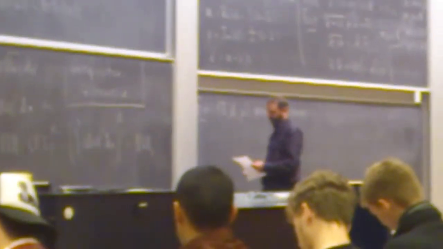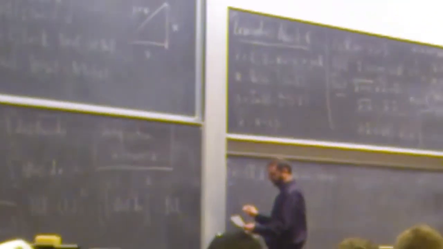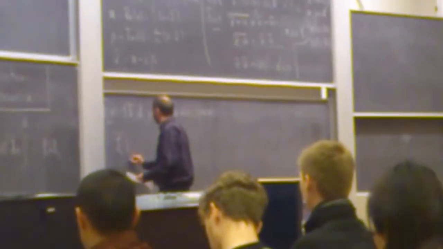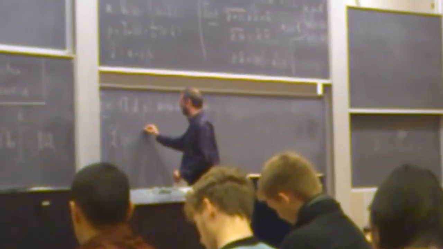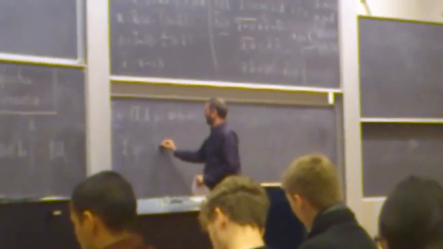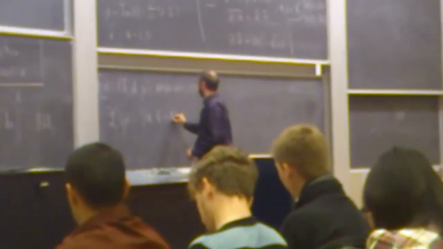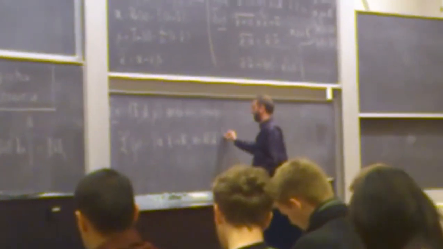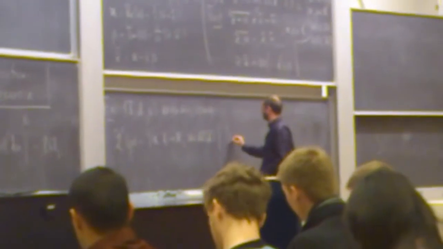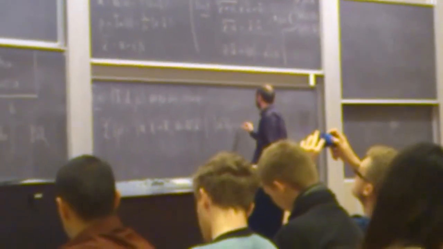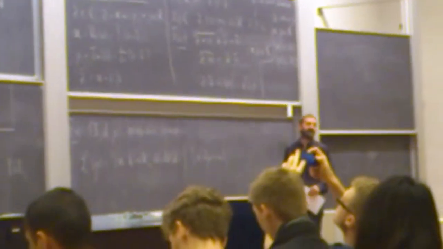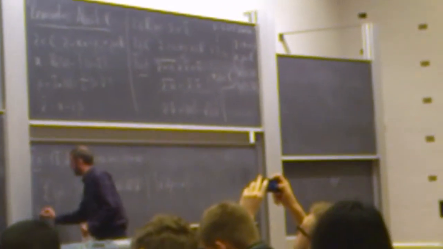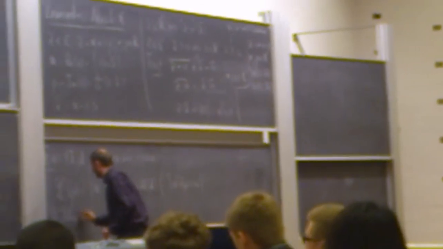And let us also take p equal to 2. So L2 associated with this measure space will be the set of functions that go from X to R, which are measurable and such that they are square integrable. So this is a definition of L2.